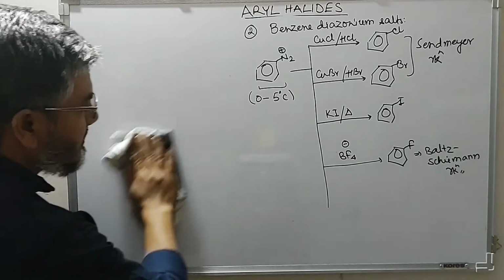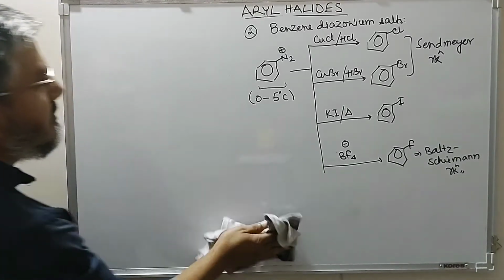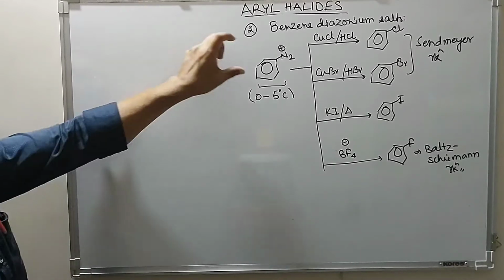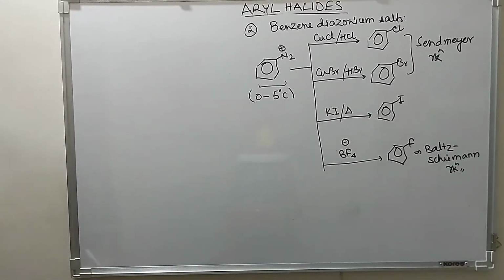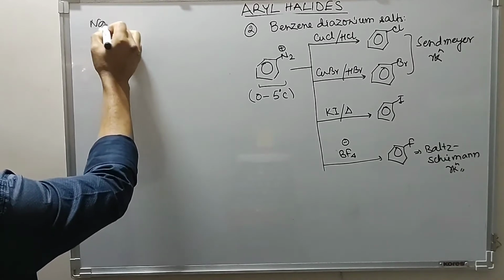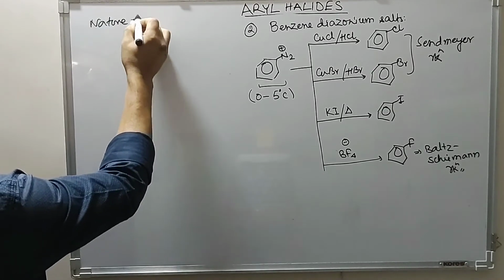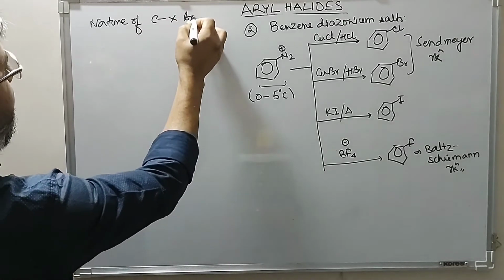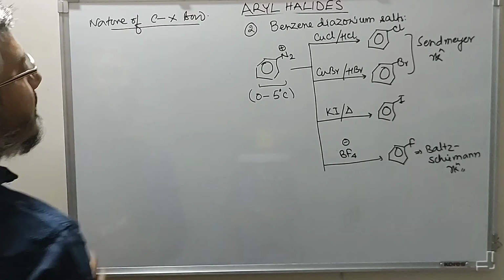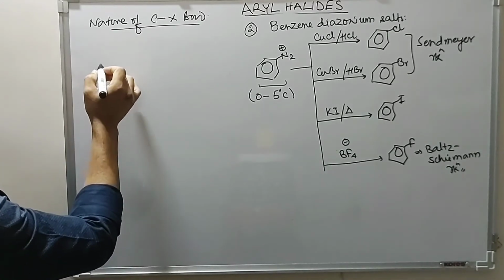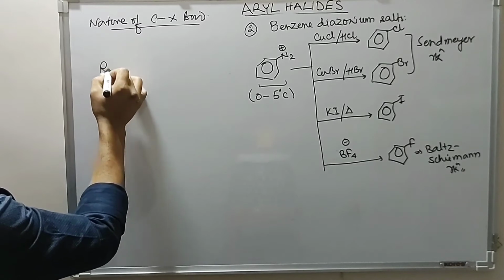Now coming to the nature of the carbon halogen bond of these aryl halides. We have looked at alkyl halide.